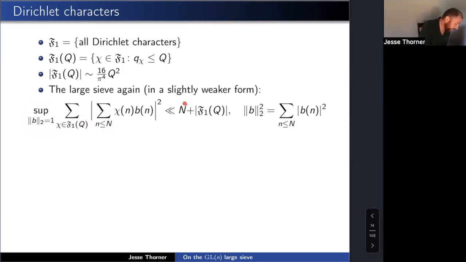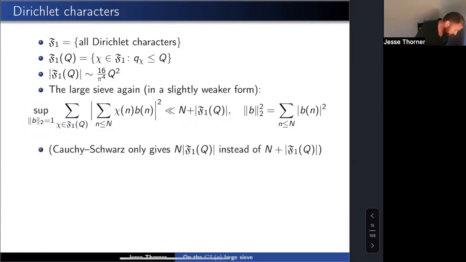And now my right-hand side, because I'm taking my supremum over the L2 norm of b equaling 1, I get N plus the size of my truncated family. All right. So again, Cauchy-Schwarz is going to only give us the trivial bound of N times the size of the truncated family.